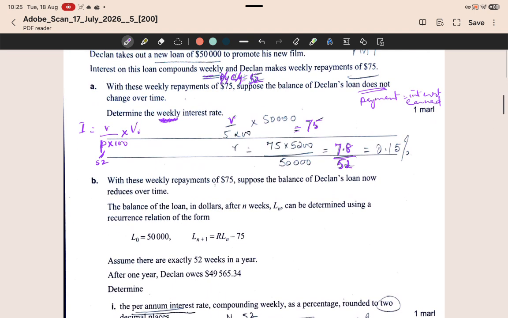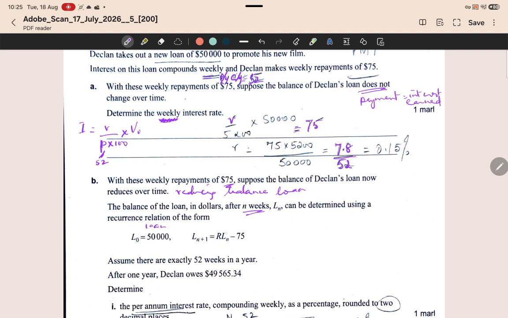With these weekly repayments of $75, suppose the balance of the loan now reduces over time. So this becomes a reducing balance loan. And the balance of the loan after n weeks, Ln, can be determined using a recurrence relation. So this was the value of his initial loan, then the recurrence rule.